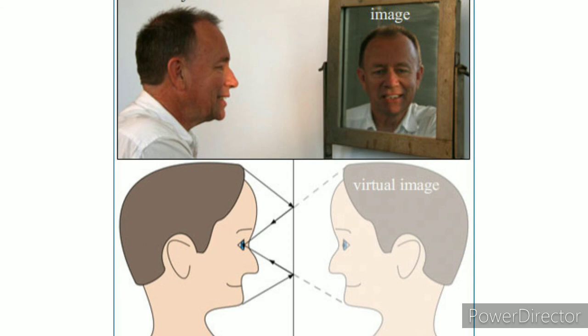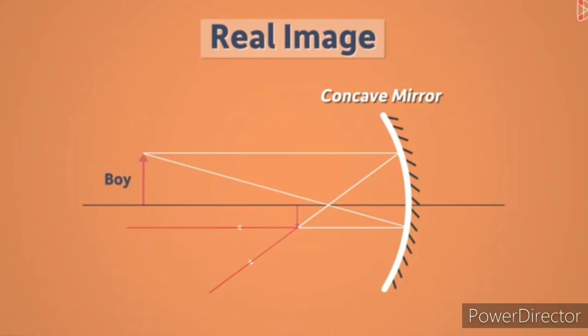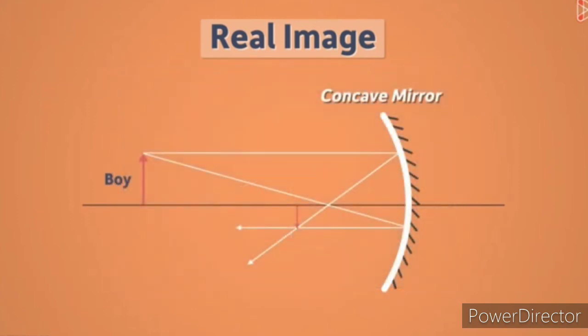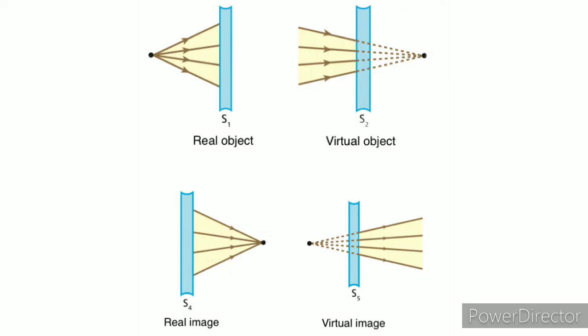When we look at the real image formed by a concave mirror, it also seems to us that the light rays are diverging, but here the rays actually diverge from a point in front of the mirror. Whereas in the case of a plane mirror, it appears to us that the rays are diverging from a point behind the mirror. Did you understand the difference between a virtual and real image?